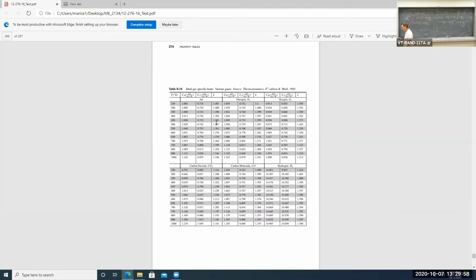It relates pressure and temperature at some initial and final state for an isentropic process. So let me get rid of this here, and I'm going to write right next to this equation. This implies T2 over T1 equals P2 over P1 to the 1 minus 1 over k, okay?